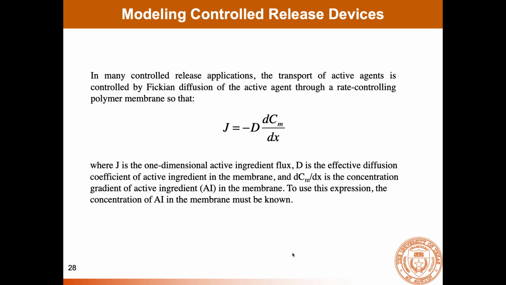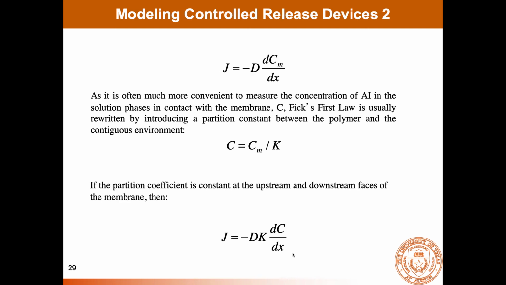The basic analysis of these problems is based around Fick's law, and this is what we've been studying this semester. The reason we apply this is because it's so useful in predicting, not only from a fundamental point of view, but a practical point of view, the operation of these kinds of devices.